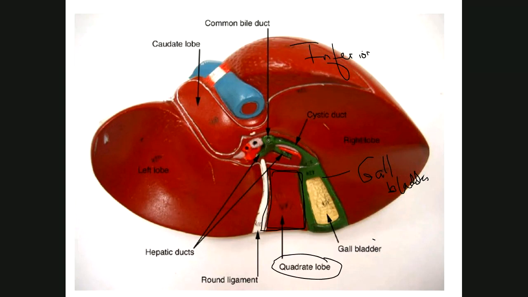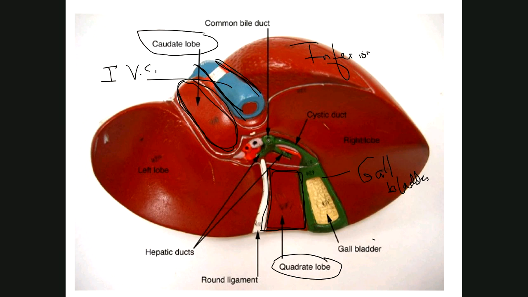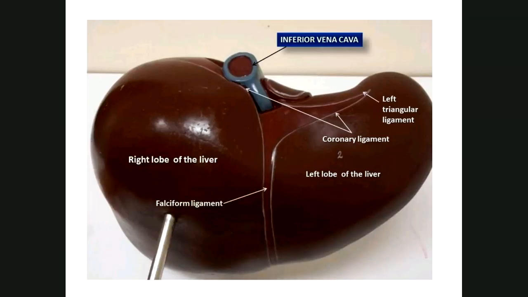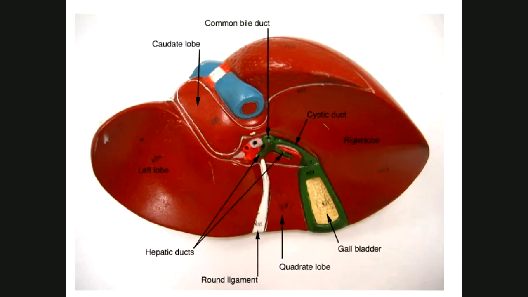And then this is the inferior vena cava, huge vein. And right next to it is the 4th lobe. And this lobe is supposed to look something like a tail. So it's called the caudate lobe. So 4 lobes: right lobe, left lobe, quadrate lobe, caudate lobe.